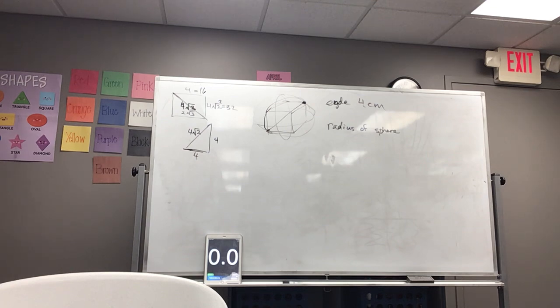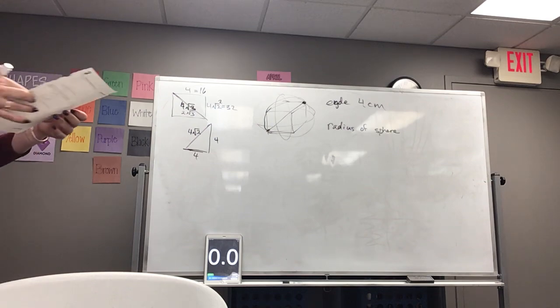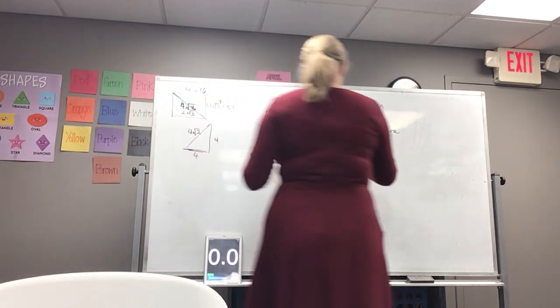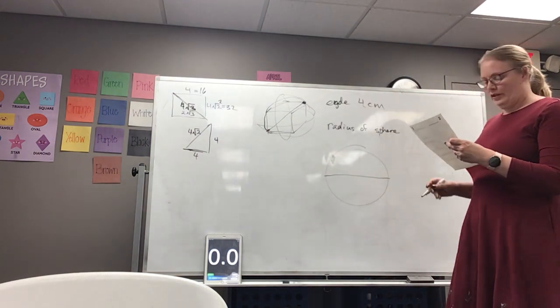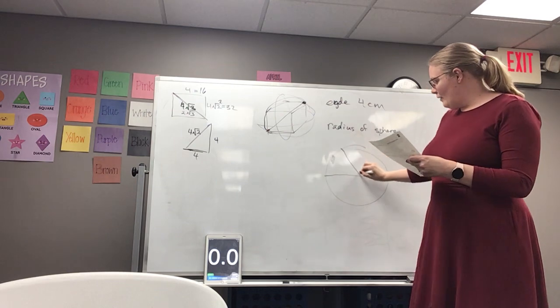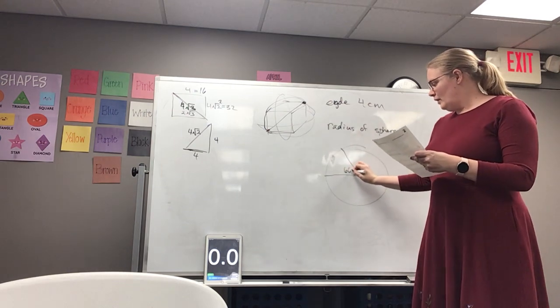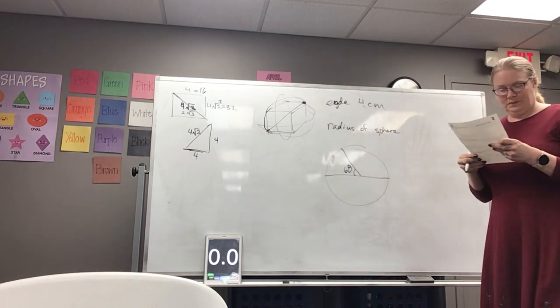All right, closing with one last circle problem, hopefully relatively simple. The idea is we've got a circle, we have a diameter across the circle, and we have an angle of 60 degrees.